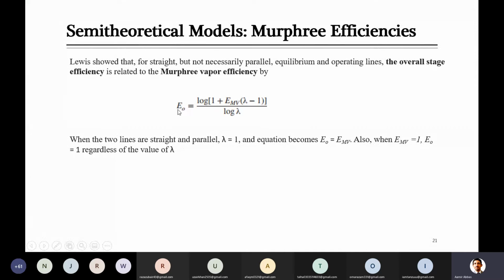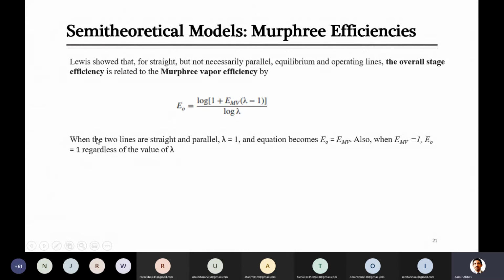That is linked with the Murphree vapor efficiency by Lewis using this equation, which involves only two parameters: one is lambda, which we said is the reciprocal of the absorption factor, and the other is the Murphree vapor efficiency. So if we can find the Murphree vapor efficiency by the equations discussed already, that can be linked with this overall efficiency.